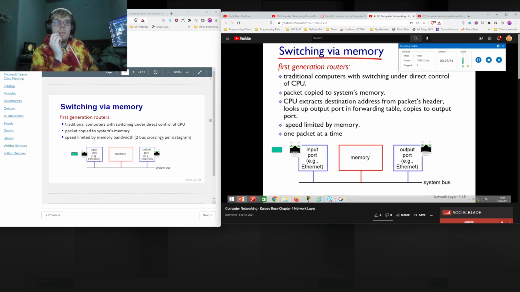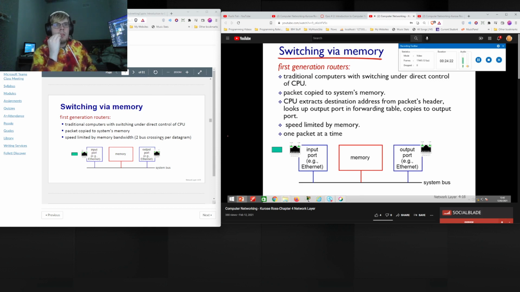So switching via memory, they were the first generation routers. The simplest and the earliest routers were often traditional computers with switching between input and the output port done under the direct control of the CPU. In this, the input and output ports functioned like a traditional input-output device.